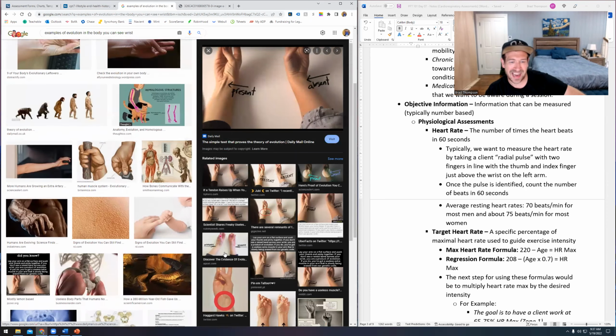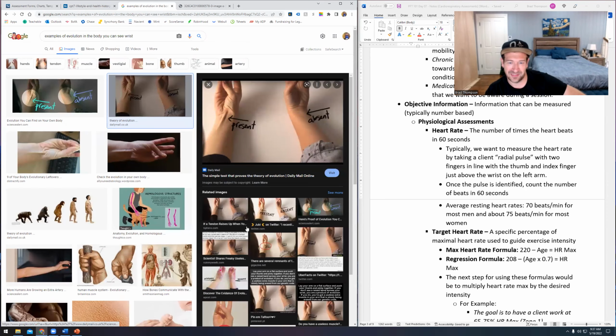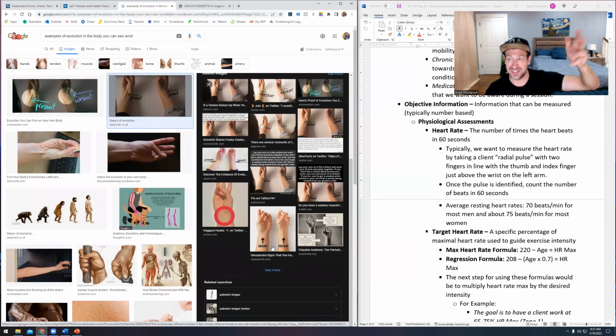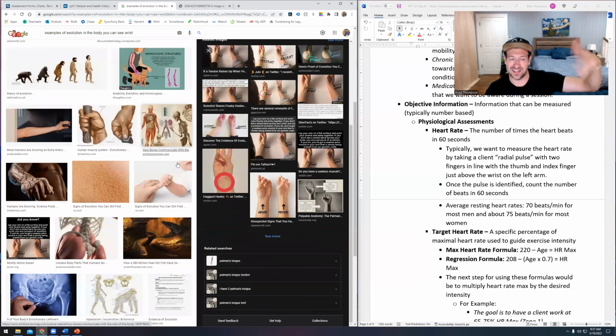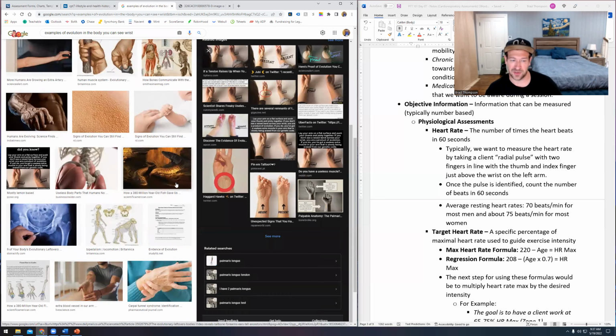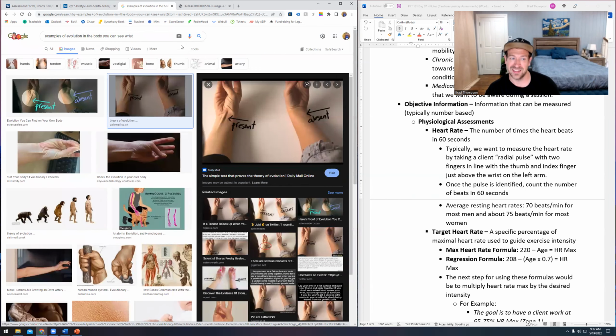So that is actually an example of the difference between people who are slightly more evolved and people who are not. The theory here is that this was like the next step. This is one of the things in the evolutionary chain that we were supposed to experience, and we were going to get rid of this.